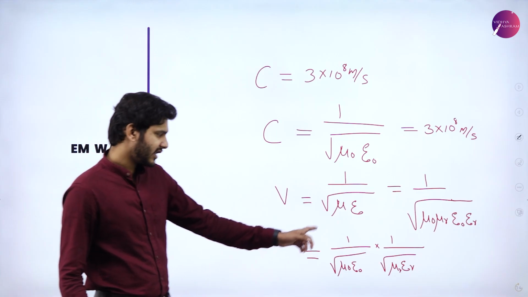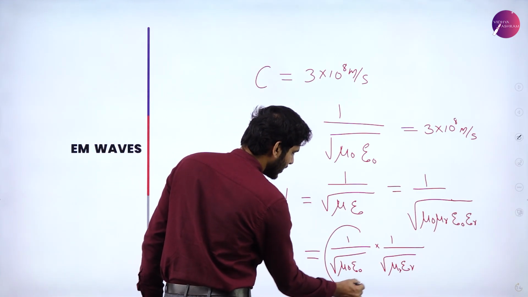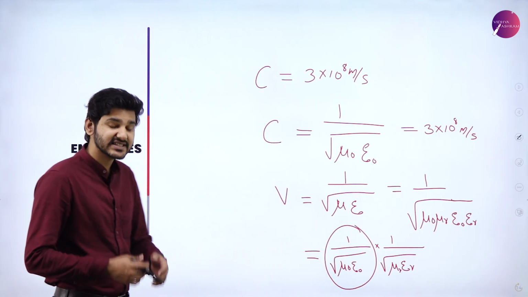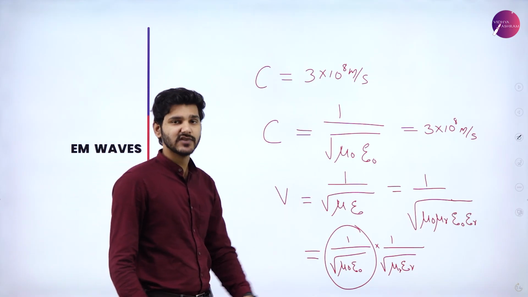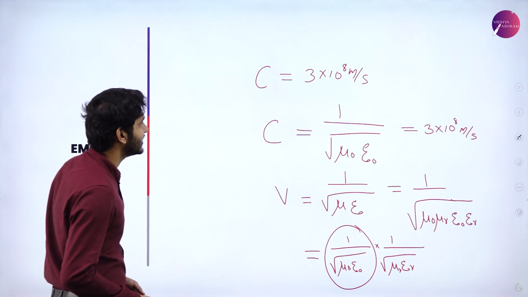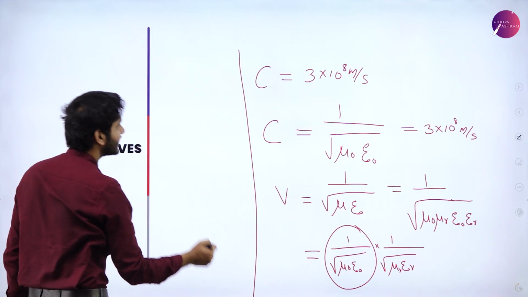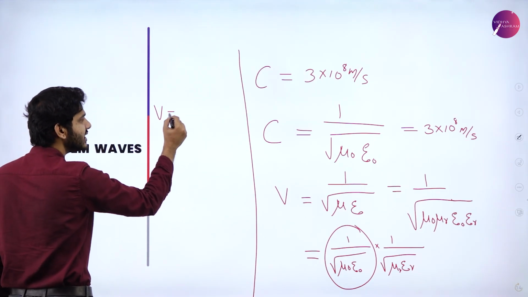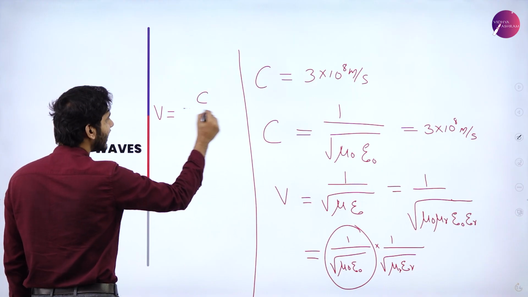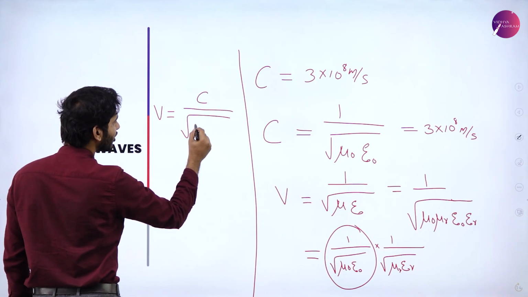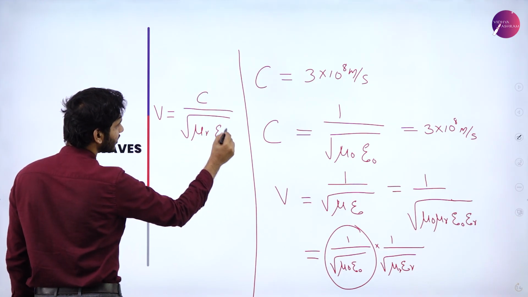Right. So again, we know what this 1 by root of mu naught epsilon naught is. That is nothing but the speed of light in vacuum. So now we can say that V will be equal to C by root of mu r into epsilon r.